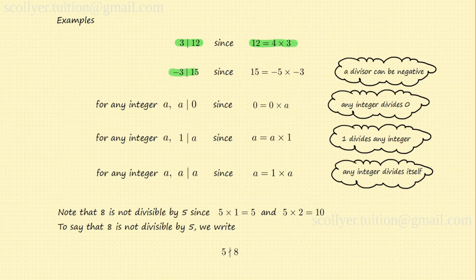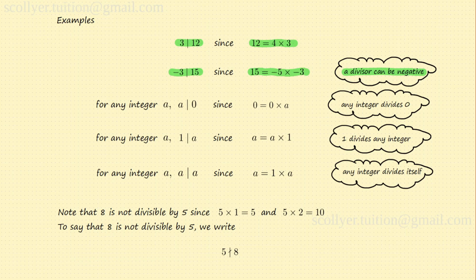Minus 3 divides 15, since 15 equals minus 5 times minus 3. We can make 15 from minus 3 by multiplication by minus 5. And this example also makes the point that a divisor can be negative.